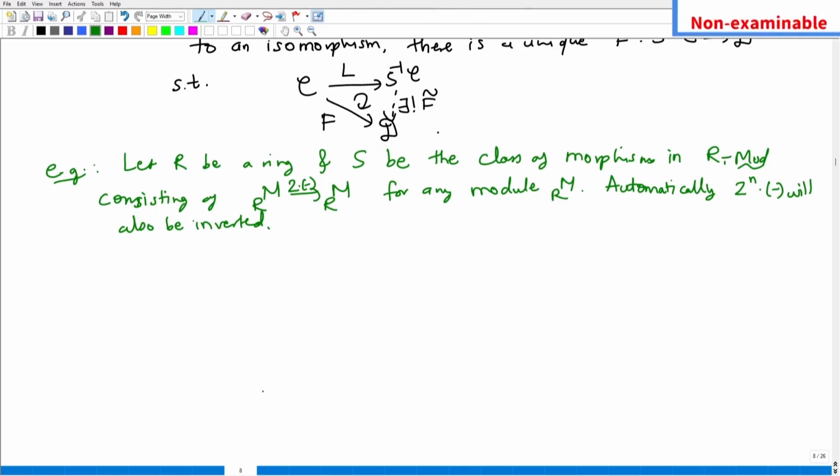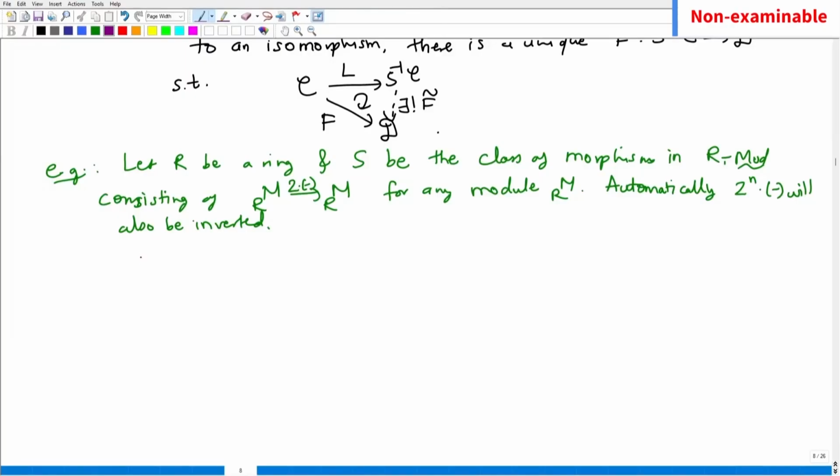Okay. Now look at this. I'm going to use a slightly different notation over here. Elements of S, it could be a set or it could be a class, are denoted by zigzag arrows, these curly arrows. Suppose I have three objects like this.